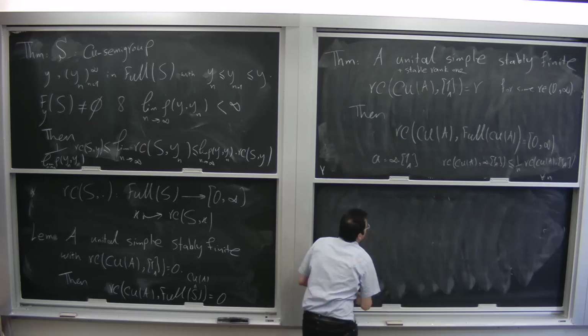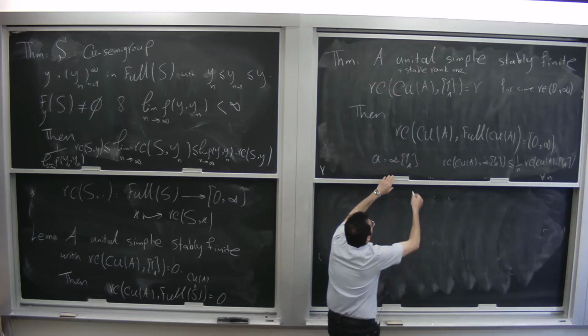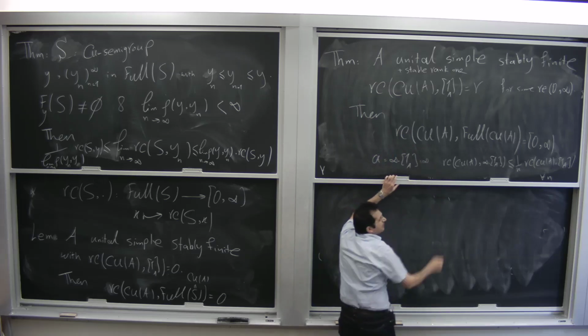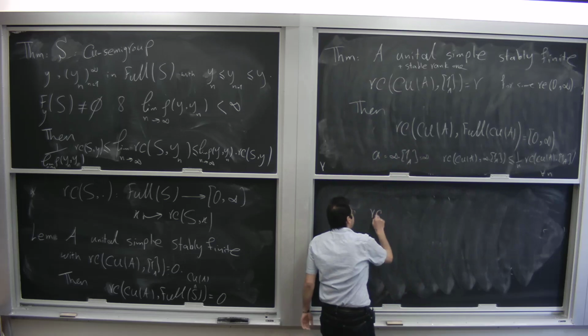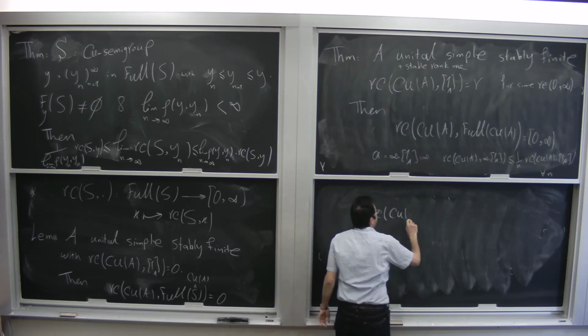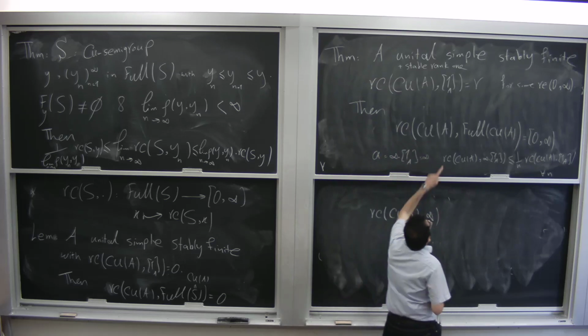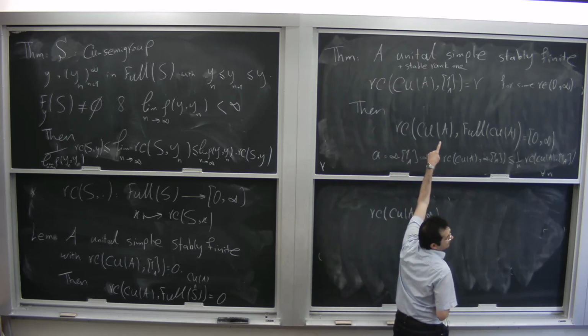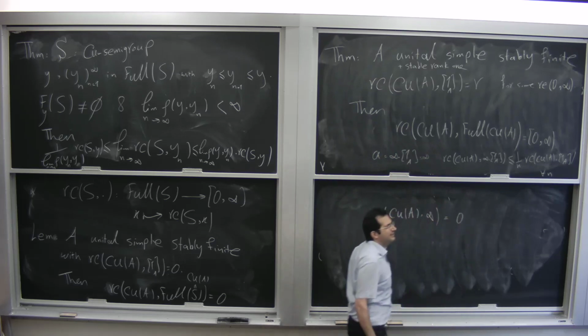But then you are looking at infinity plus something compared to infinity. Here, because our C*-algebra is simple, just consider this one infinite, so this is going to be infinity. And then the RC of Cu(A) with respect to infinity, because the RC with respect to identity is finite, is going to be 0.